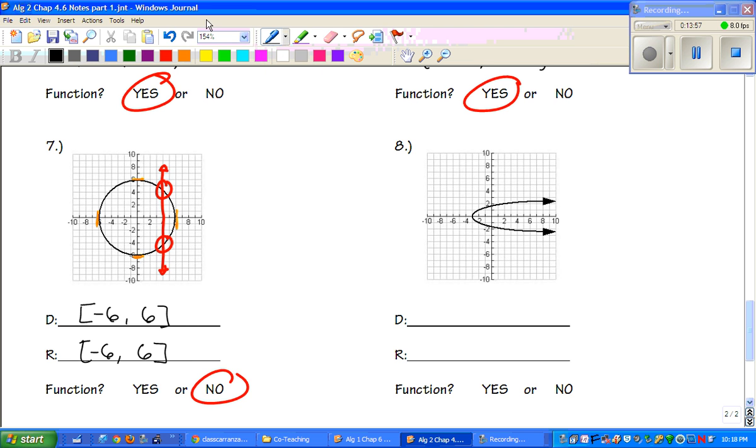Okay. So let's look at the next one. Domain. Domain is your x. There we go right there. That's at -3. Can it equal -3? Yes. But then, where do these lines go? They're going to keep going and going. So it's going to go all the way to positive infinity. And so that's closed.